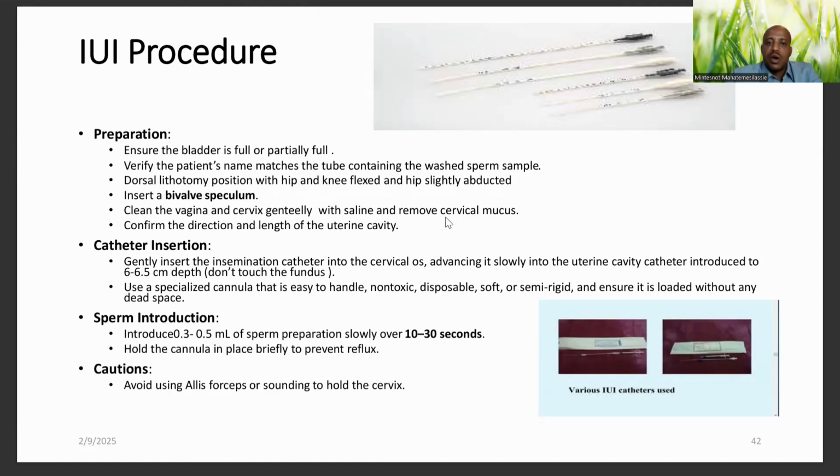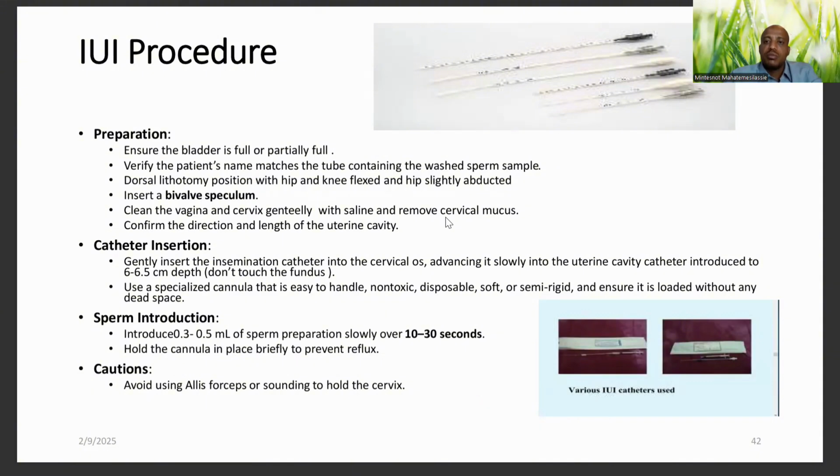As much as possible, use a catheter which is non-toxic, disposable, and soft or semi-rigid. The prepared sperm amount should be between 0.3 to 0.5 ml. You have to infuse slowly inside the uterine cavity over 10 to 30 seconds, and hold for some time before you withdraw the catheter.